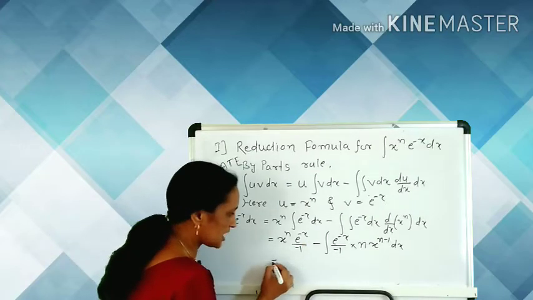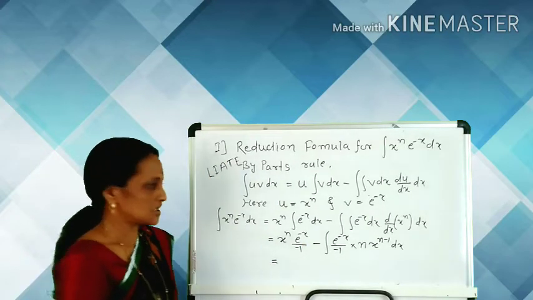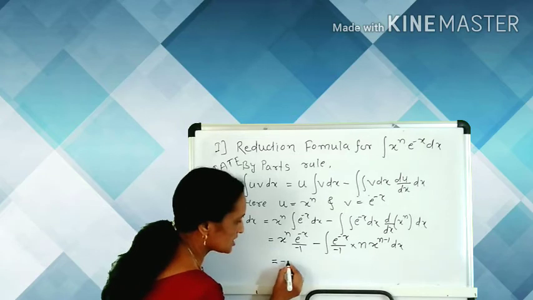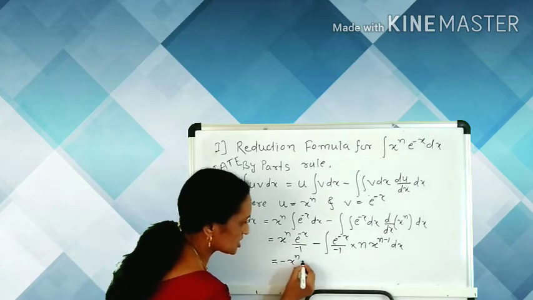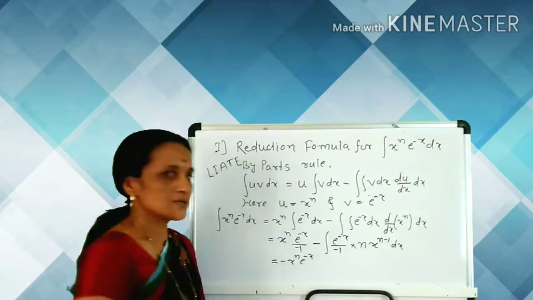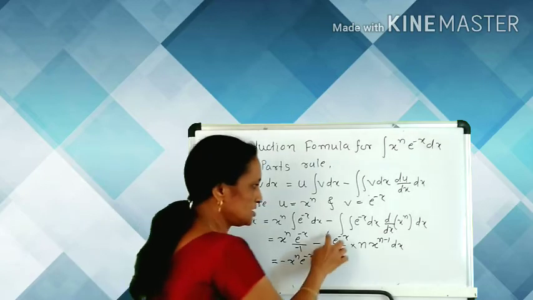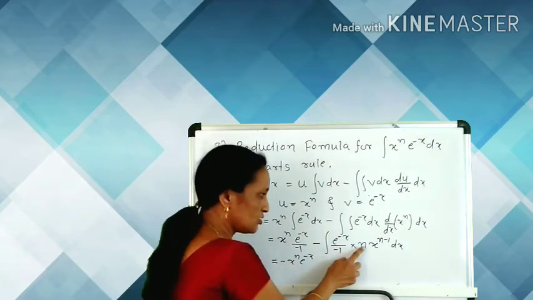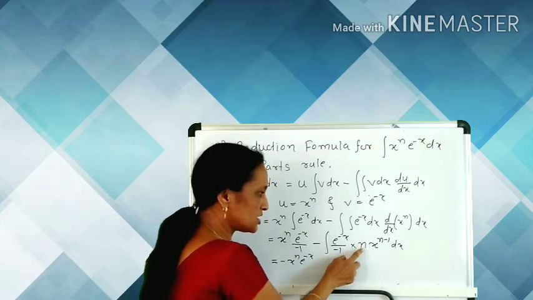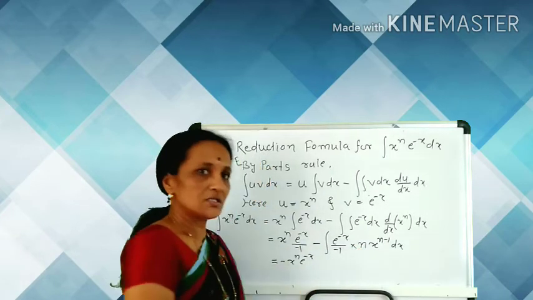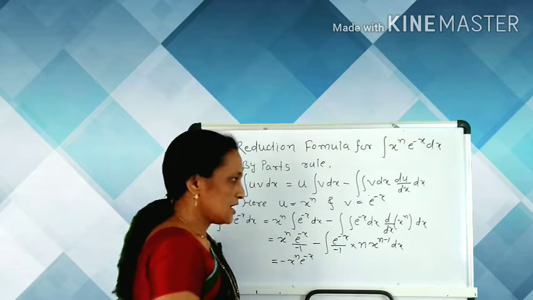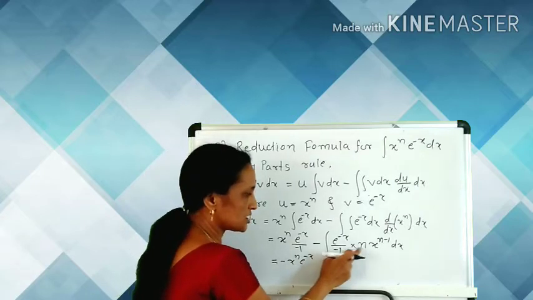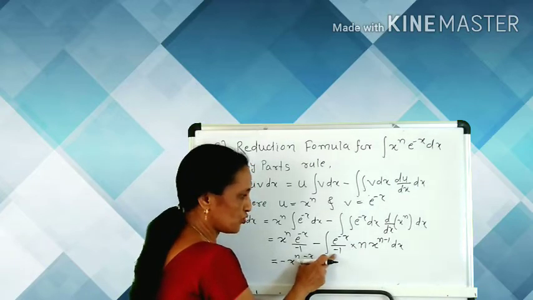This can be written as this minus sign here, minus x raised to the n e raised to minus x. Now in this term we take the constant outside the integration, and those constants are this n and this minus 1.